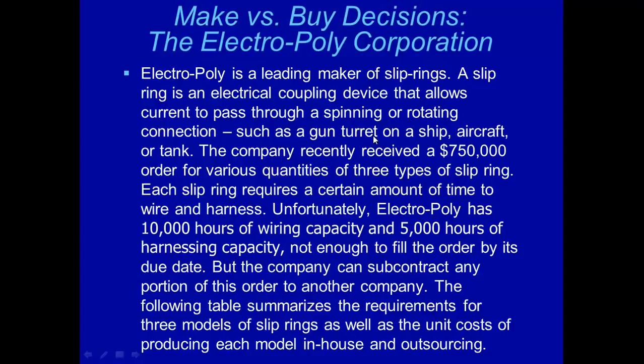But the company can subcontract any portion of this order to another company. The following table summarizes the requirements for 3 models of slip rings as well as the unit costs of producing each model in-house and outsourcing.